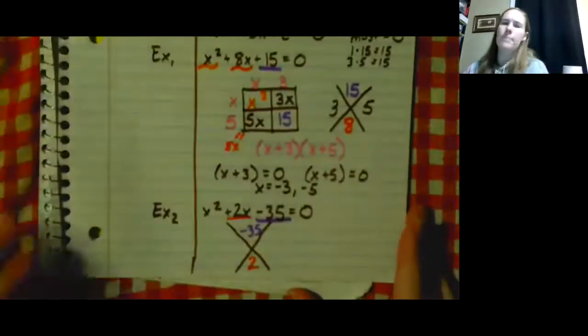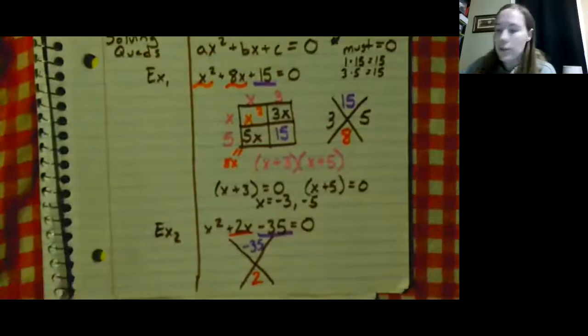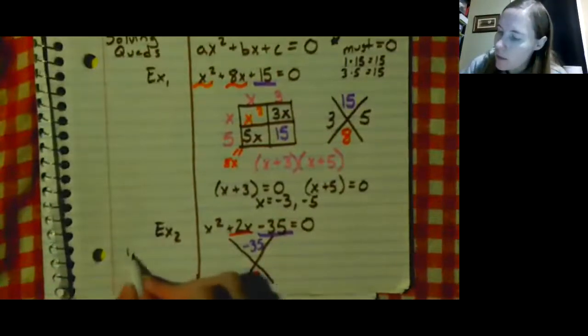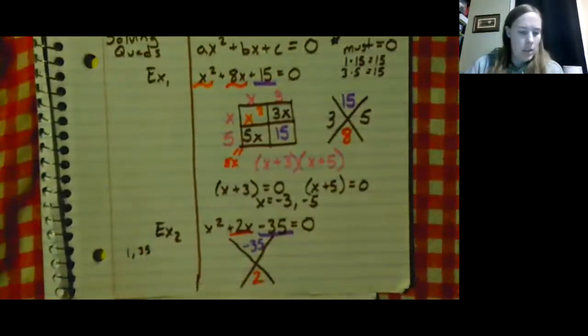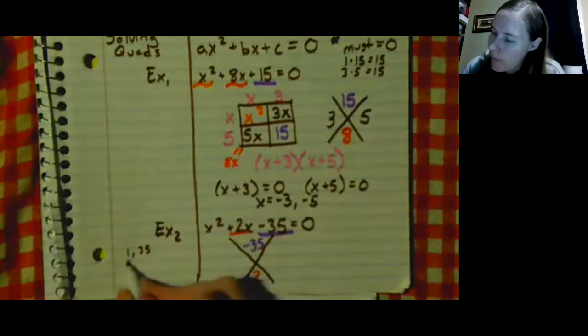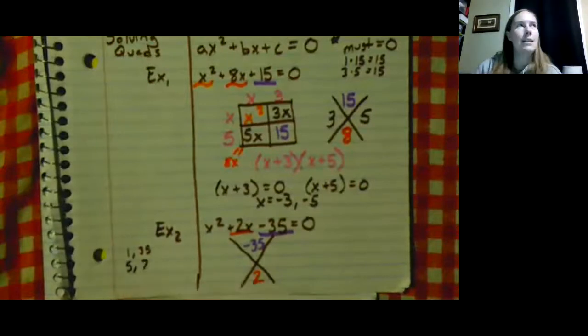Again, if you're like, ooh, miss, the struggle, write out the factors. 1 and 35. 2, I think 3 does not go into it. 4 does not. 5 does. 5 and 7. 6 doesn't. These are actually the only factors.